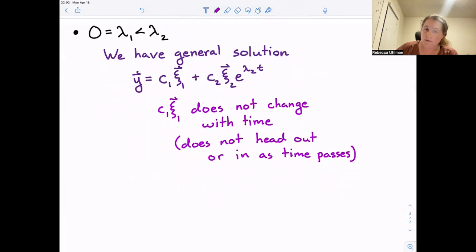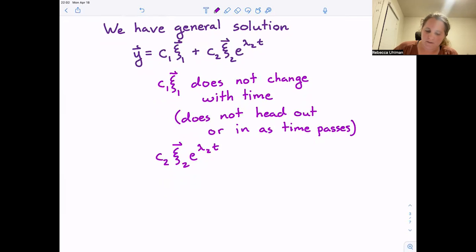The C2 psi2 e to the lambda 2t is the part where time passes. Essentially, what we get is the C2 psi2 e to the lambda 2t. We're just scaling a vector, right?